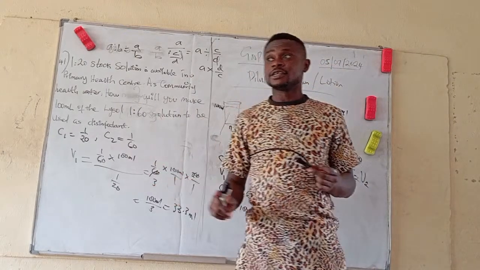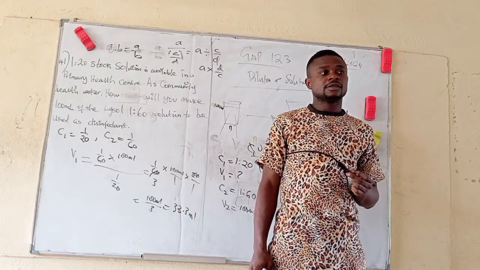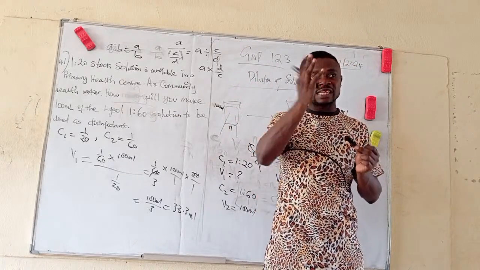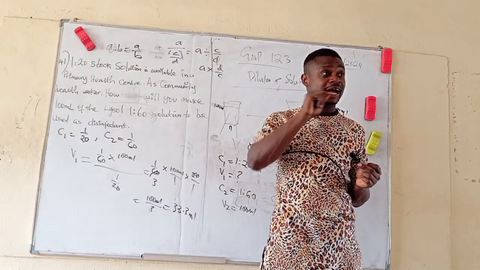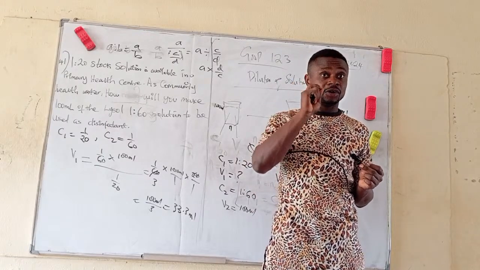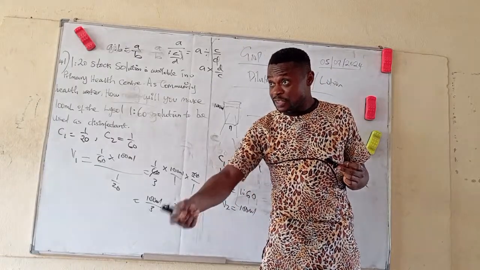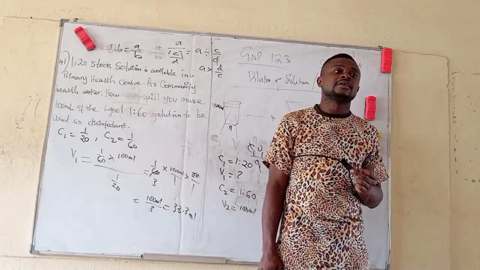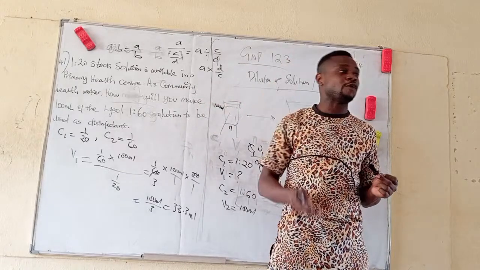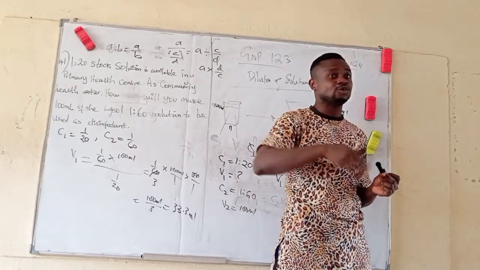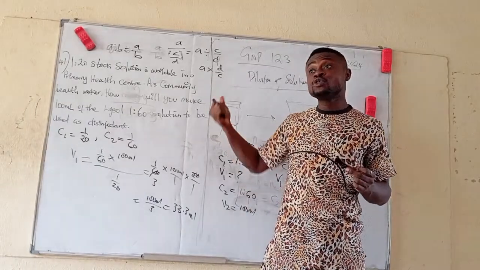Use 100/3. So a question can be twisted like that. But I went straight to the one that concerns you as a CHO, the one you use practically in your center here. Question can be twisted just to test your understanding. But I went straight to the practical one that you apply when you start working, because you do this a lot.